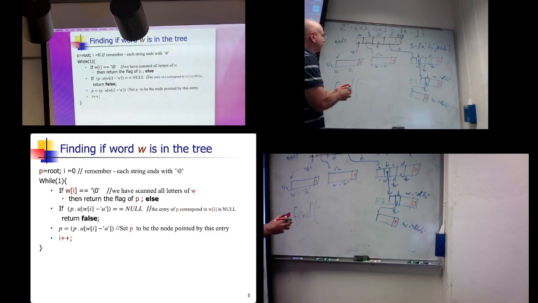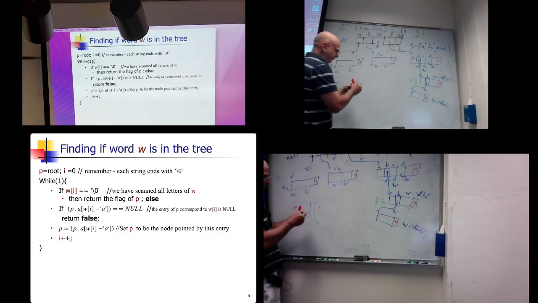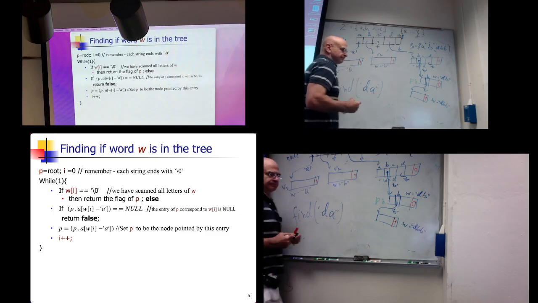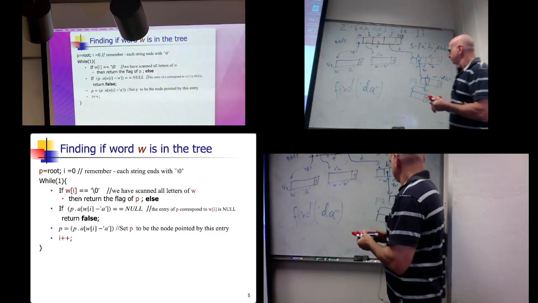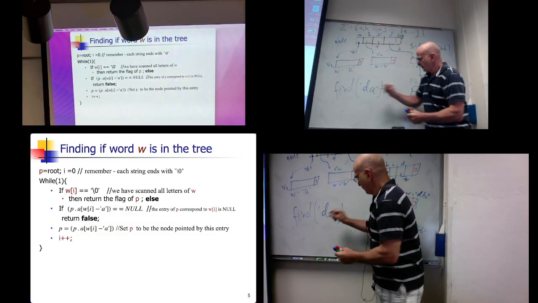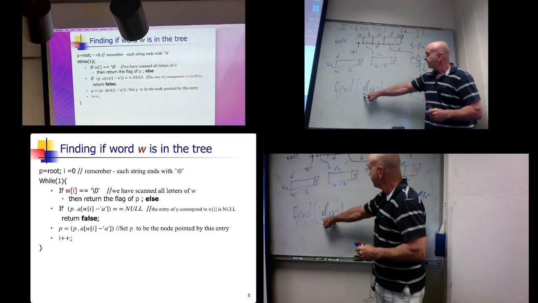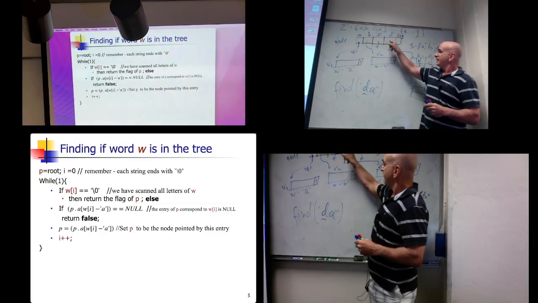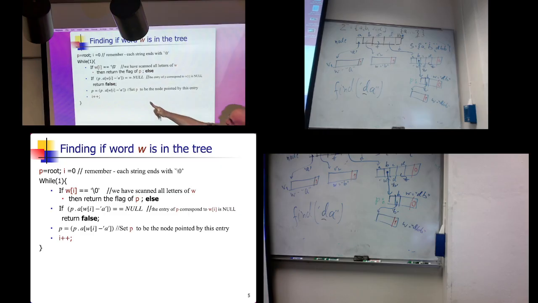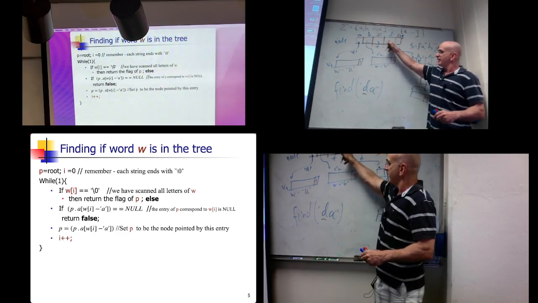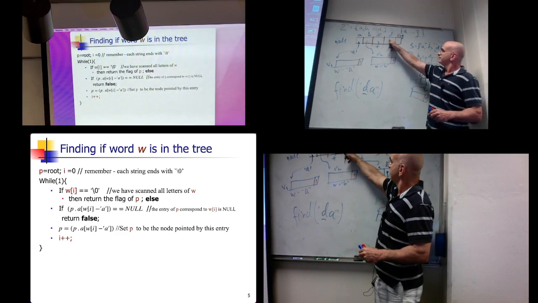Next, let's do find of DA. Find of DA starts the same way. Look at the first letter, go to the root. First letter is D. D minus the ASCII value of A is 3, so look at the third cell of the root.